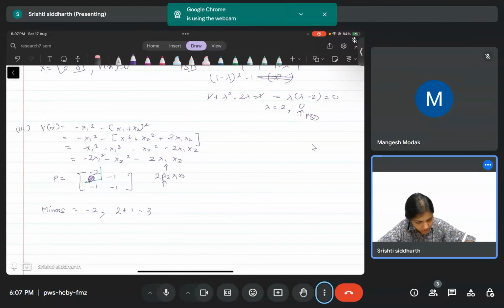Determinant is 3. And the diagonal value is first.